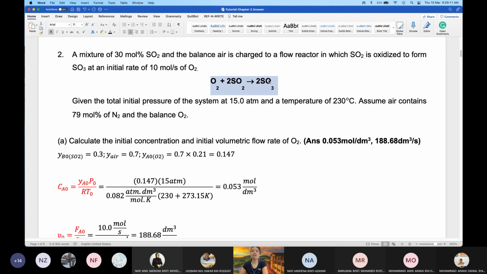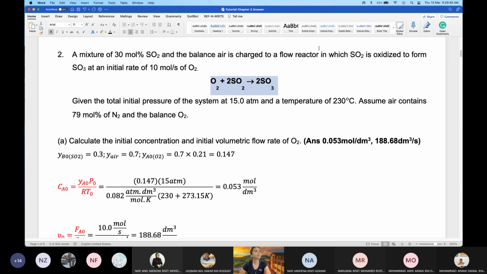So air contains a certain portion of oxygen and certain portion of nitrogen and carbon dioxide sebenarnya. So instead of using pure oxygen, the question says they are using air. But bear in mind, walaupun kita guna air, the gas that is reacting in the reaction is only oxygen gas. So yang 30% SO2, the remainder 70% is air, not oxygen gas.